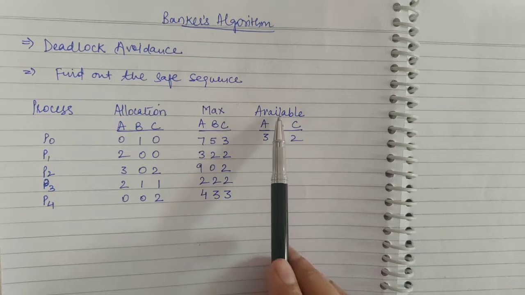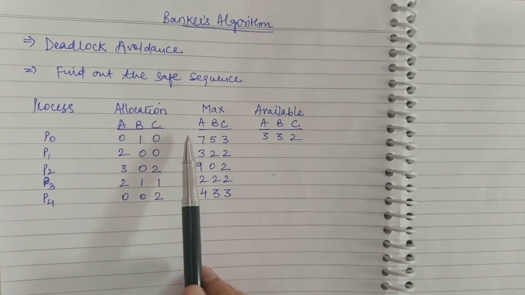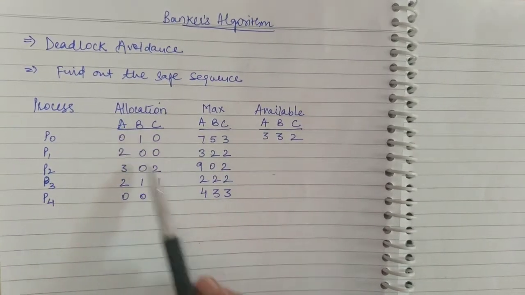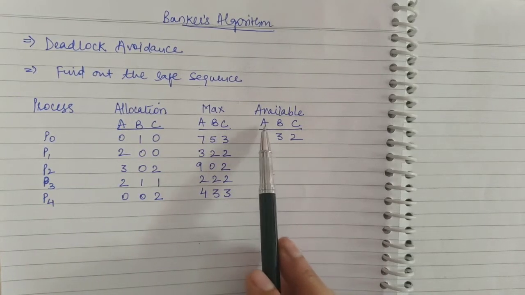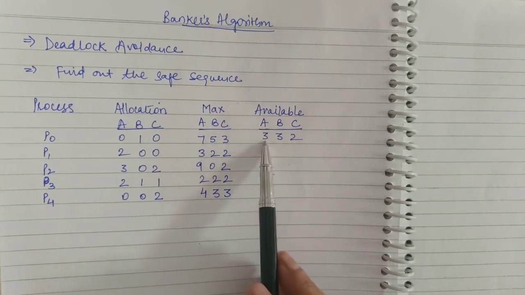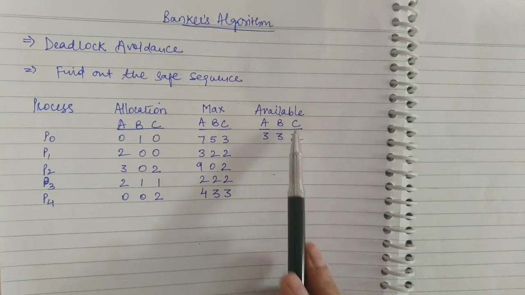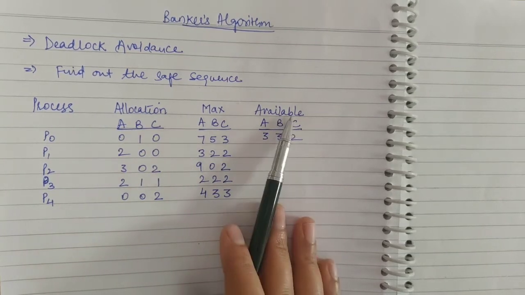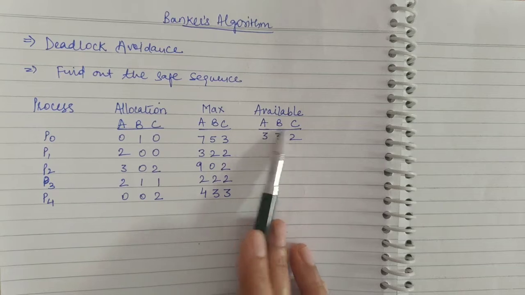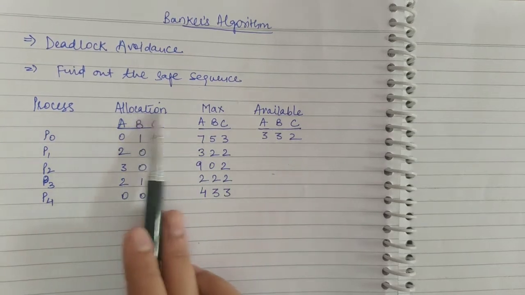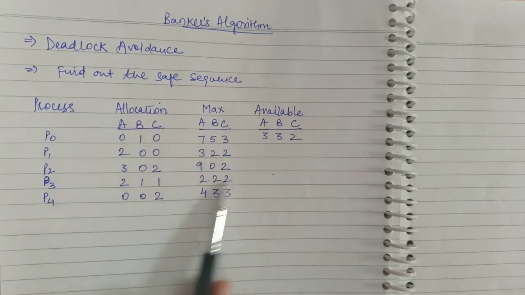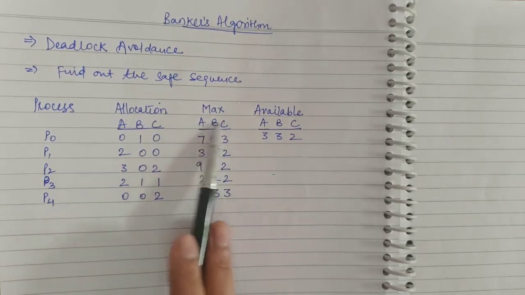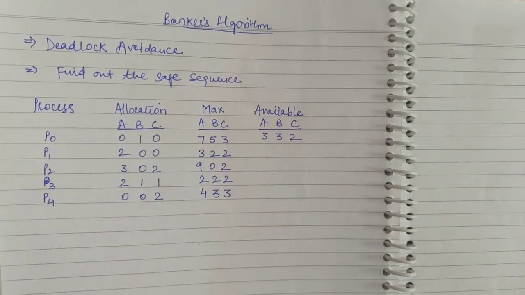In the current situation of the operating system, after all this allocation, we are left with A 3 instances, B 3 instances and C 2 instances. So this is the current situation. We have these number of resources left, and this has already been allocated, and at maximum this request can happen in your system for these resources by these processes.